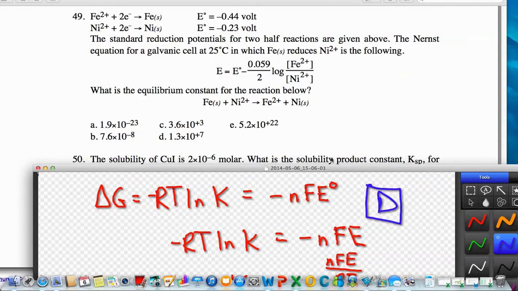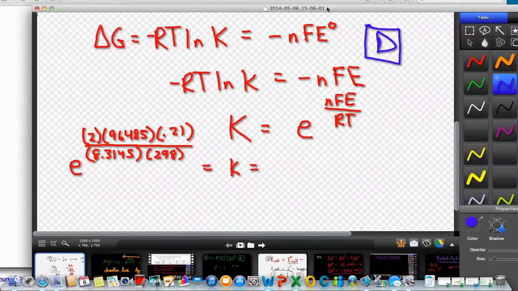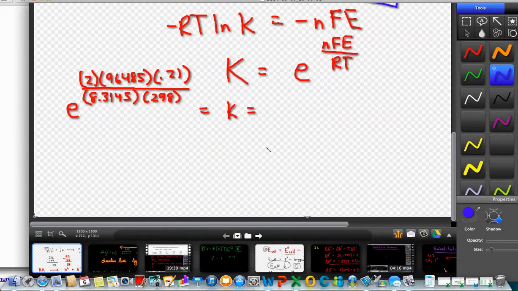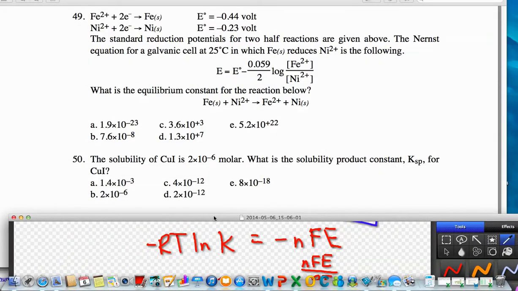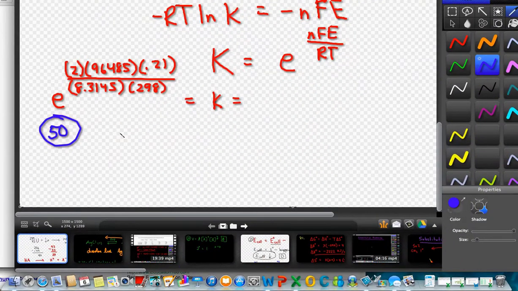Which leaves us with, can I get a drum roll please, number 50. And 50 tells us the solubility of CuI is 2 times 10 to the minus 6 molar. CuI goes to Cu plus and I minus.